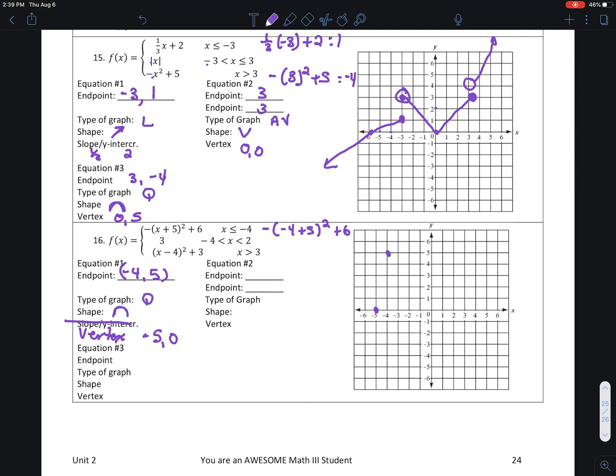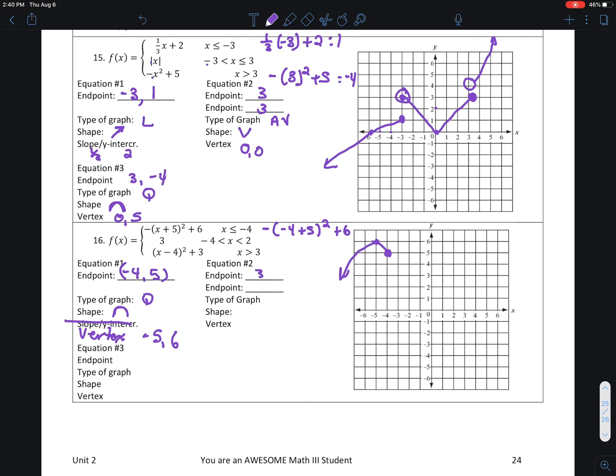If our point is -4, 5, it's an upside down parabola. Because I did that wrong. My vertex is -5, 6. Sorry. My vertex is -5, 6. So it looks like this. And this is a closed circle. So we have a closed circle. It's going to go up to the vertex and then start to come back down.